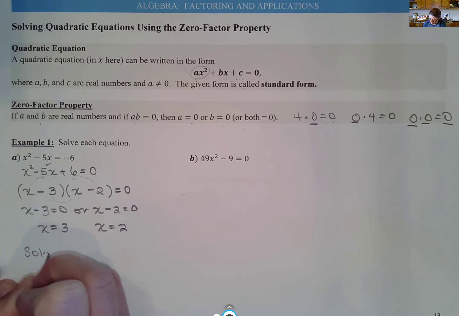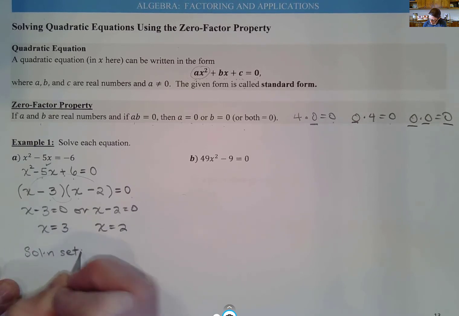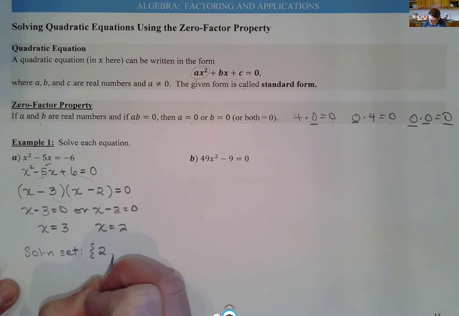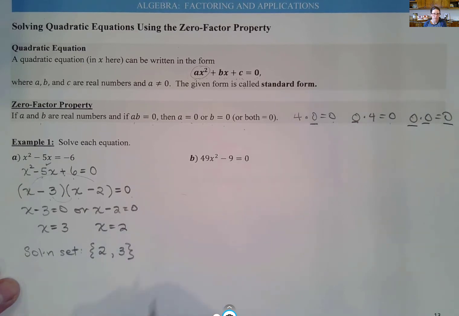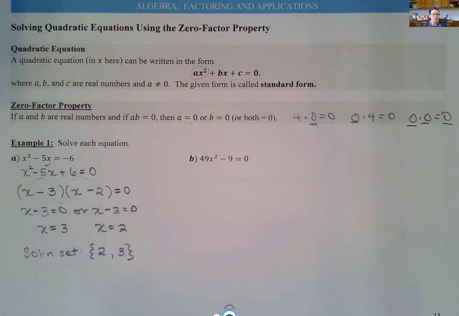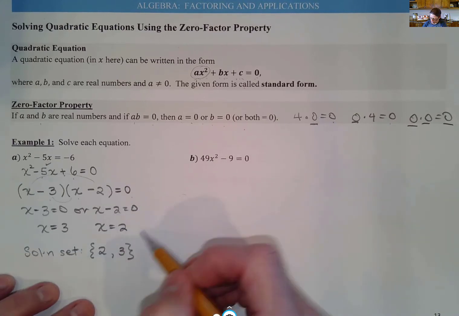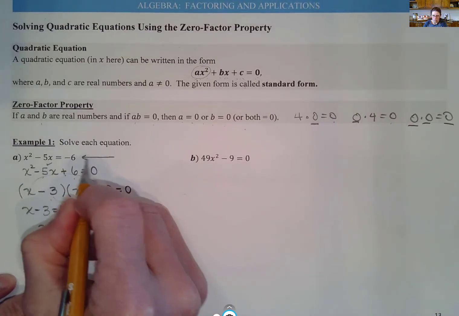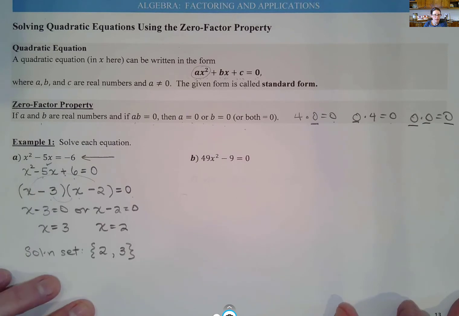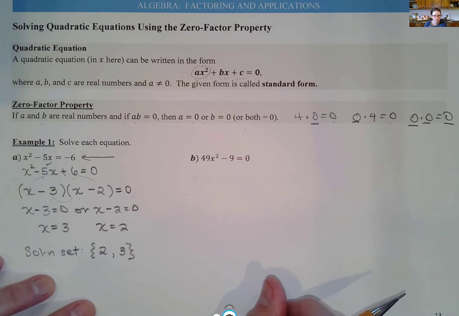And we would say then that our solution set includes the numbers 2 and 3. And we can write those in either order as we're listing them as elements of a set. Remember that you can always check your answers to an equation by simply substituting them back into the original equation and showing that they check, they work, they satisfy that original equation.